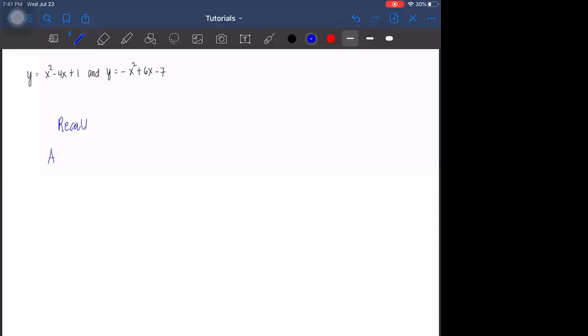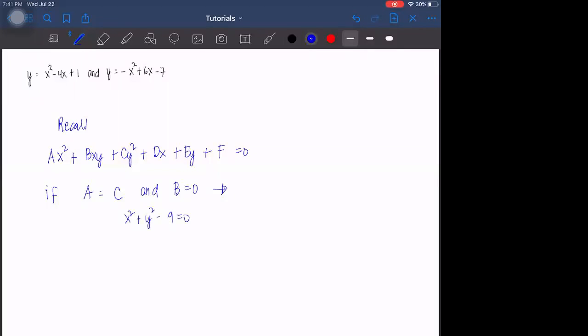The general equation of conics is Ax squared plus Bxy plus Cy squared plus Dx plus Ey plus F equals 0. If A equals C and B equals 0, what conic is it? For example, x squared plus y squared minus 9 equals 0. It is a circle.